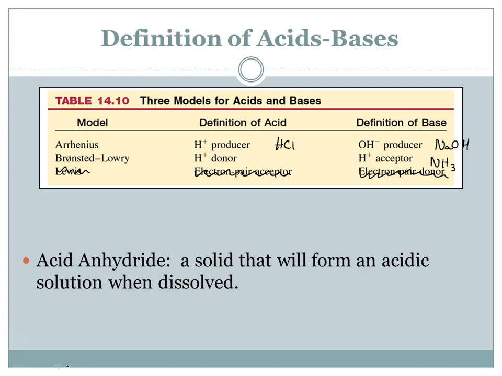The other thing to keep in mind, just a vocabulary word, is that you will run into acid anhydrides. These are solids that will form an acidic solution when dissolved. A lot of organic acids are solid in form, but you really can't experiment with them or understand their behavior until you dissolve them in water. So just be aware of that particular definition.